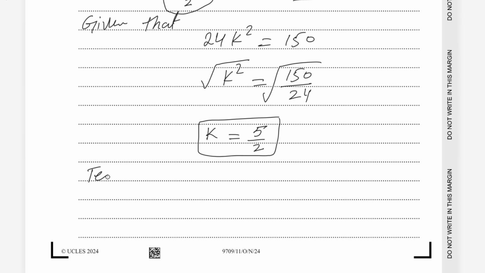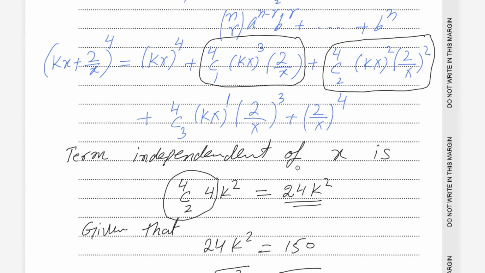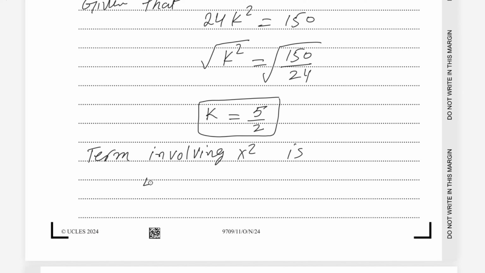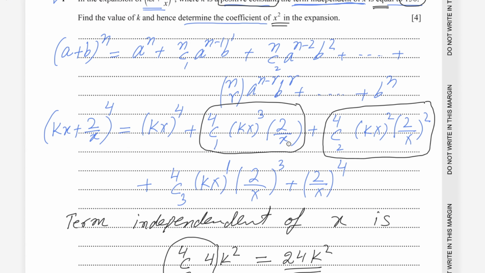So this will be the term involving x squared. The term involving x squared is, we can write here, 4C1 k cubed x cubed, and here if you expand this one, 2 over x.